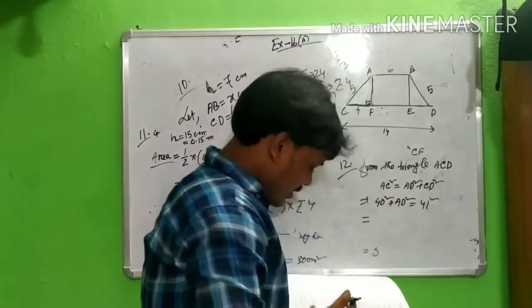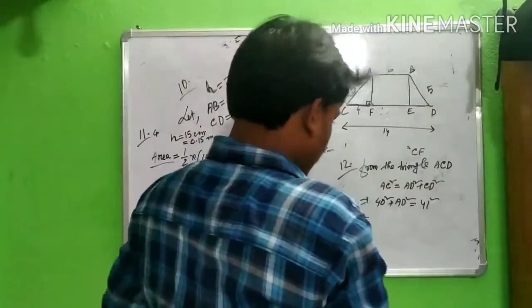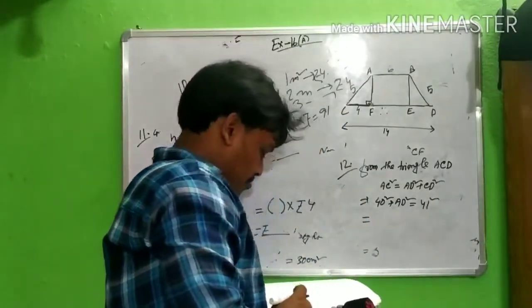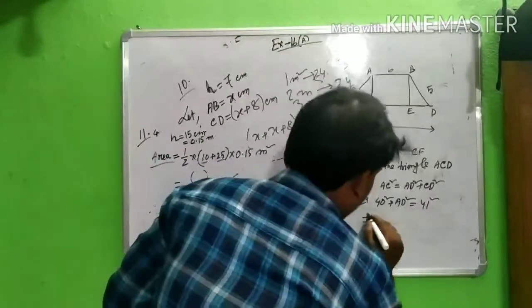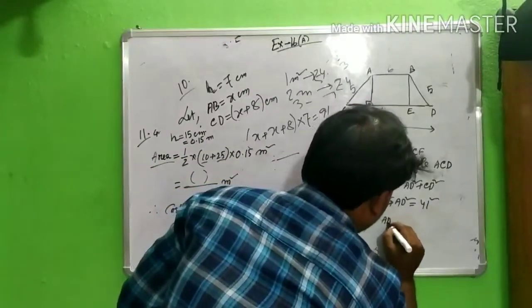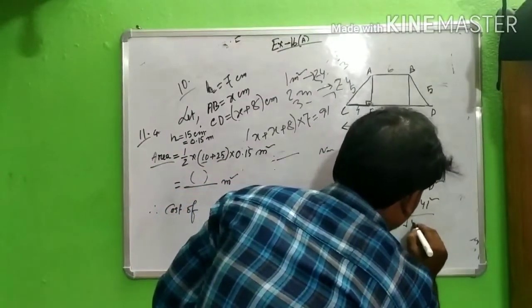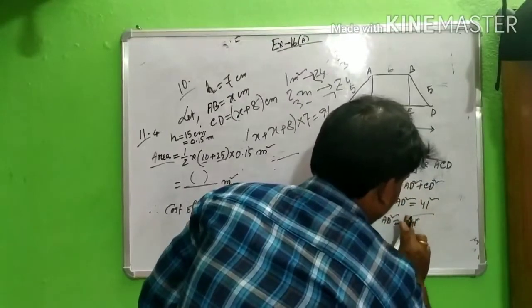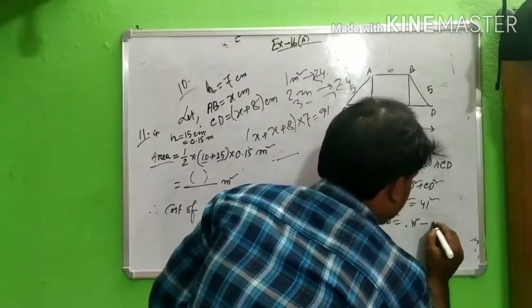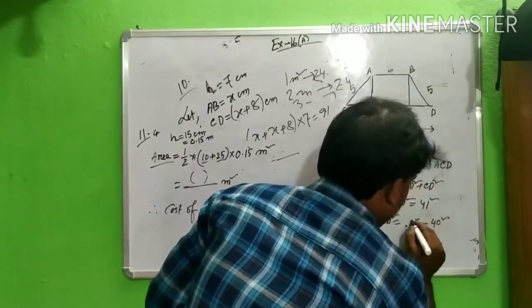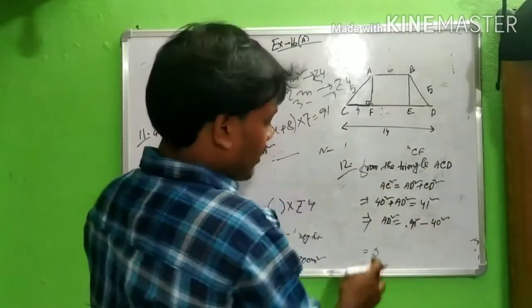So our value of AD equals root over 41 square minus 40 square.